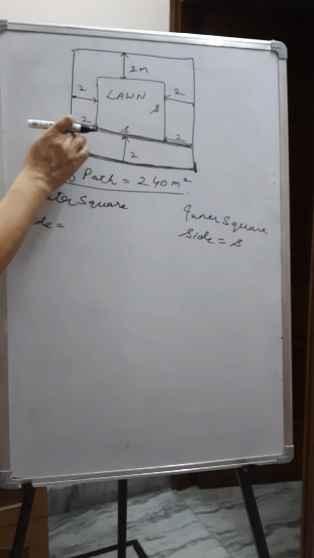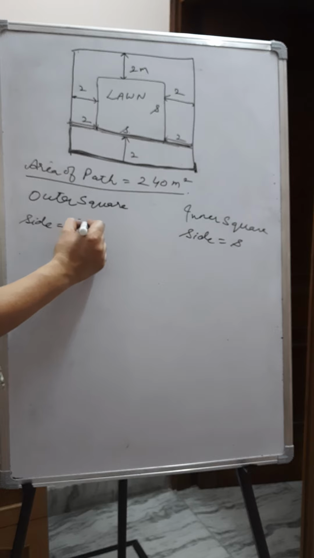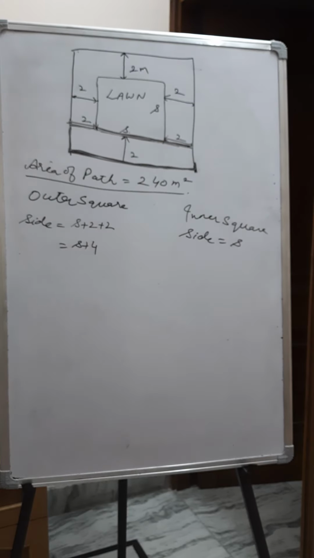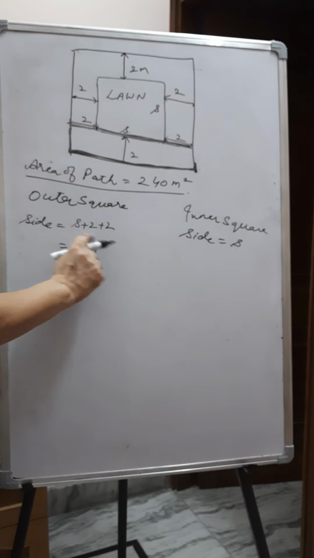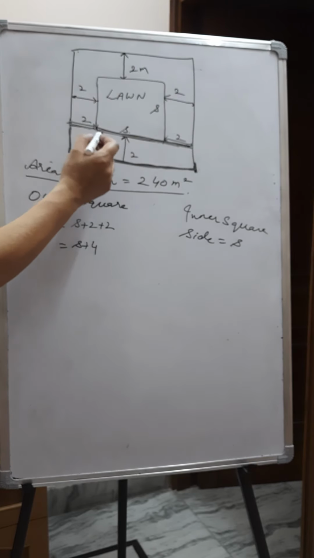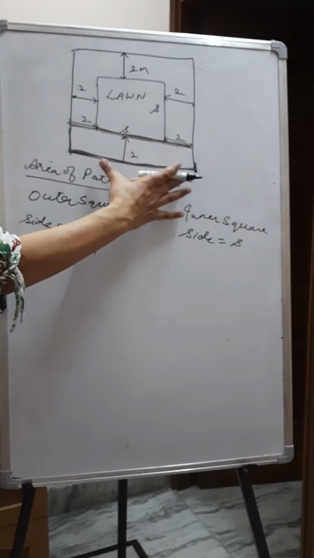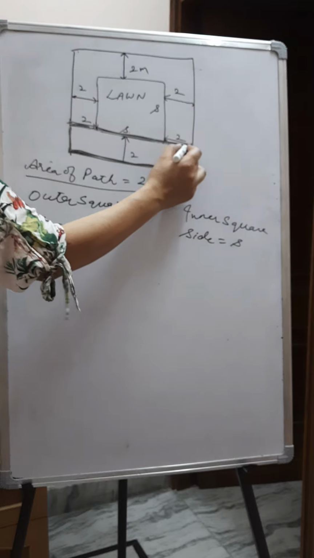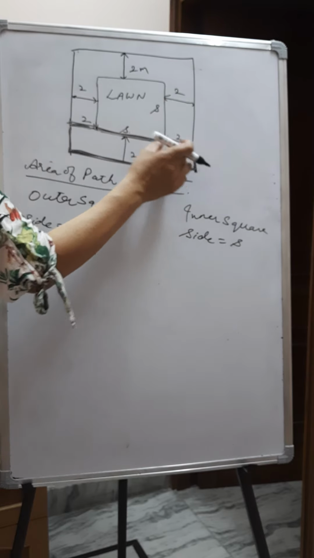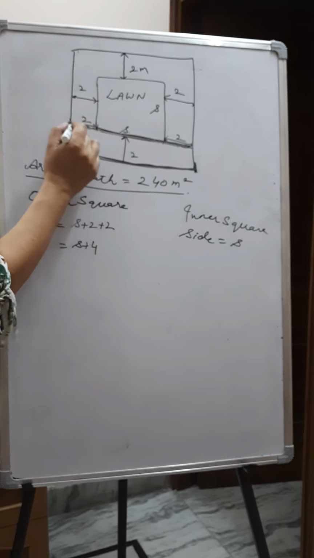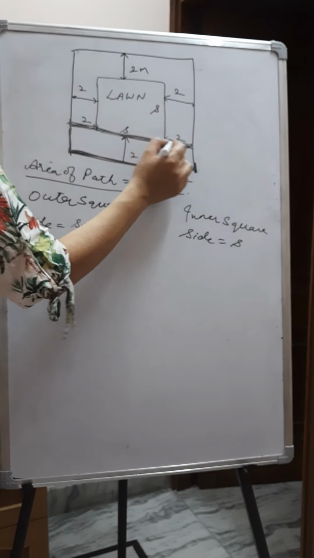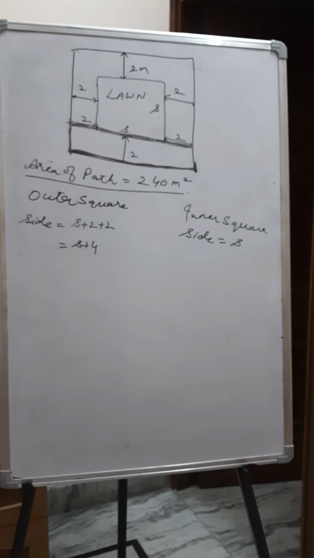So the total length of the outer is s plus 2 plus 2, that is s plus 4. Follow this: if inner is given and you have to find the outer, you have to add the width of path from both sides, 2 plus s plus 2, and you will get the side of the outer square.